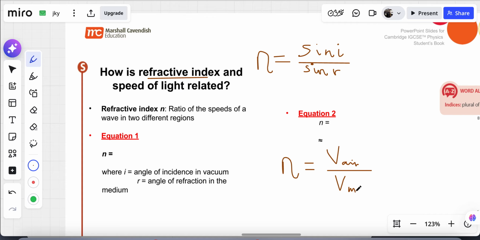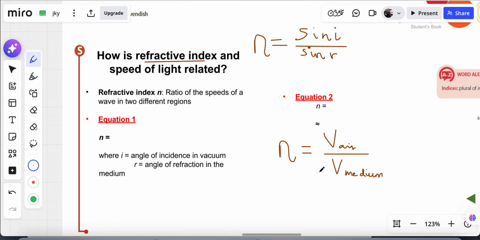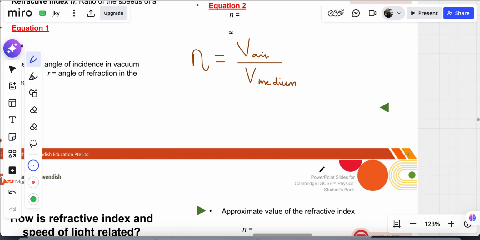Refractive index can be calculated, or you can be given the refractive index and you don't need to be given the speed of light, because they assume you know it is 3 times 10 to the power of 8. So if they give you the refractive index, you are expected to calculate the speed of light in the medium. You make this one the subject of the formula. So this is the equation for that.